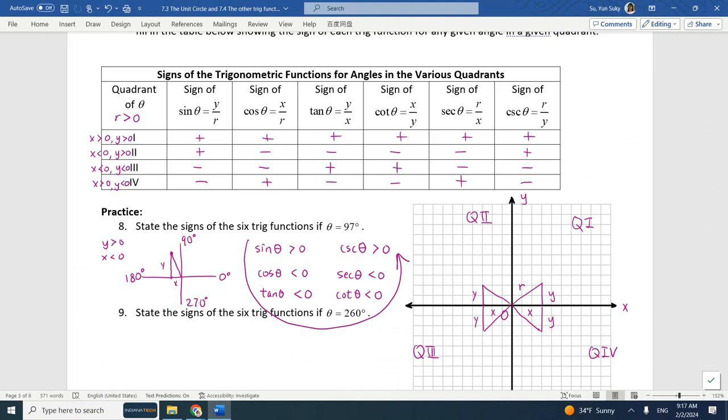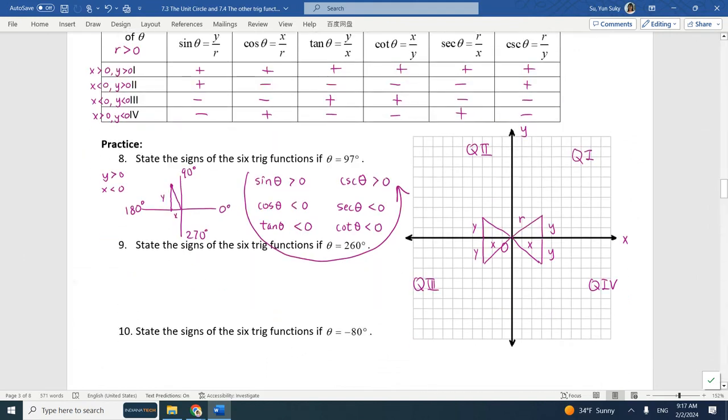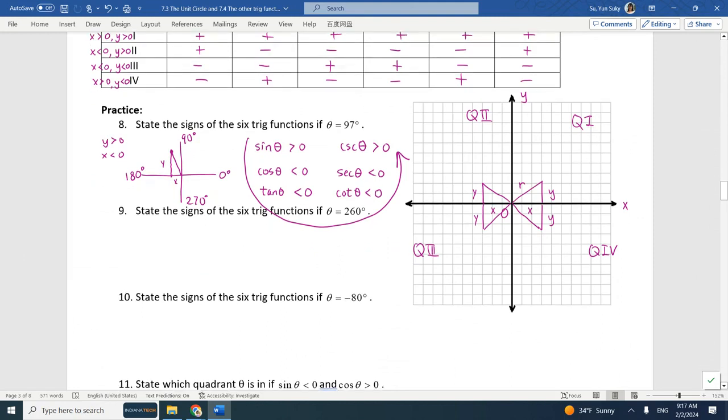We follow this order. You do the sine, and then the cosine, and then the tangent. But then cotangent, you look at the tangent. Secant, you look at the cosine. Cosecant, you look at the sine. So we follow this order. Is that okay, everybody? All right. Now you do number 9.